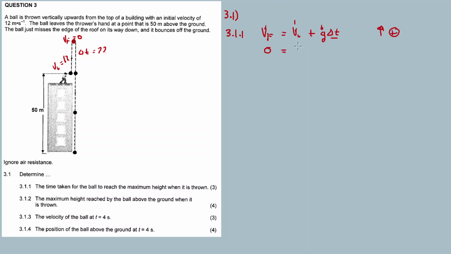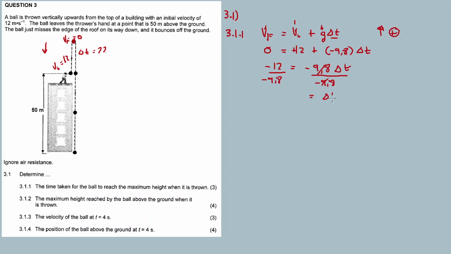Initial velocity 12, so it's positive 12 now, because it's up. Then we have negative 9.8. Gravitational acceleration is always acting downwards. Delta t unknown, right? We transpose: 0 minus 12 is equal to negative 9.8 delta t, divided by negative 9.8, divided by negative 9.8.